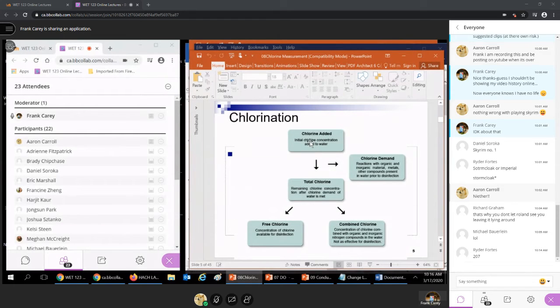So this is a really nice graphic that is online. Check the source in the back. So the initial chlorine is added to the water. If there are any organics in that water, the chlorine will combine with the organics.